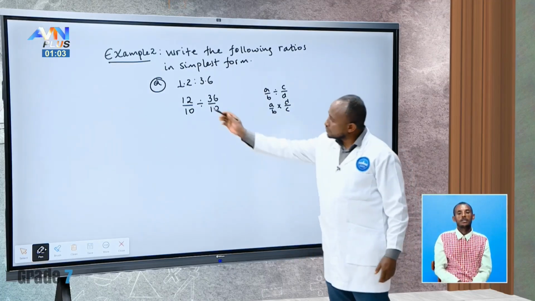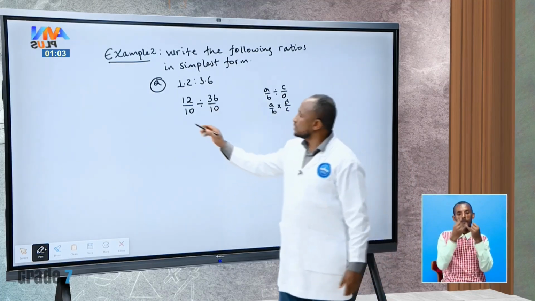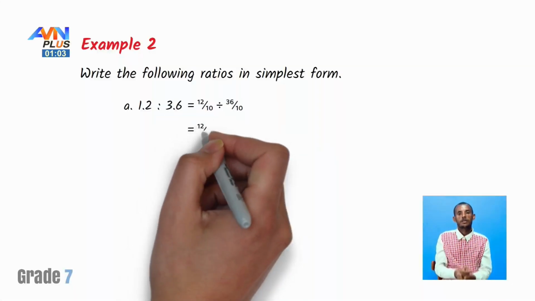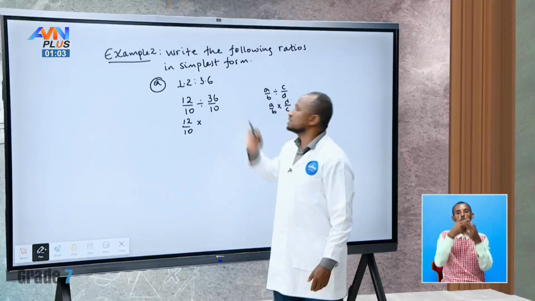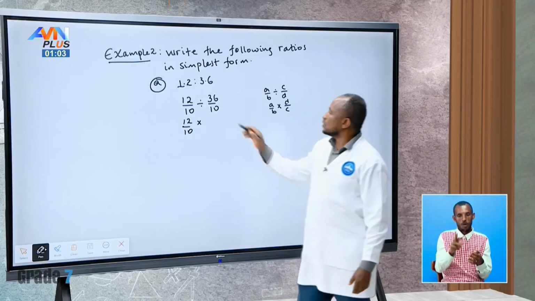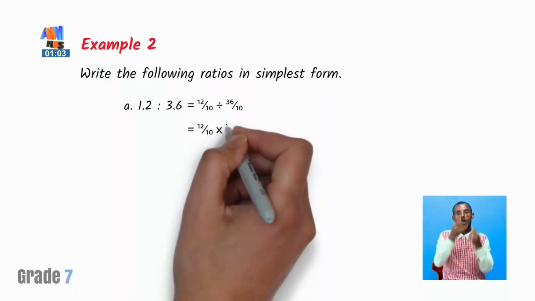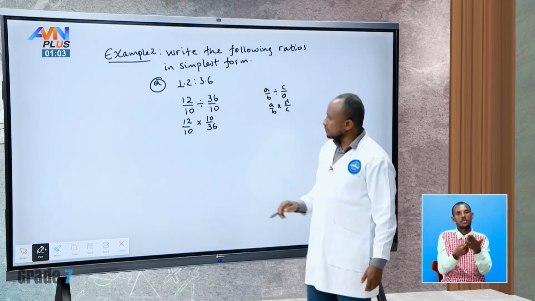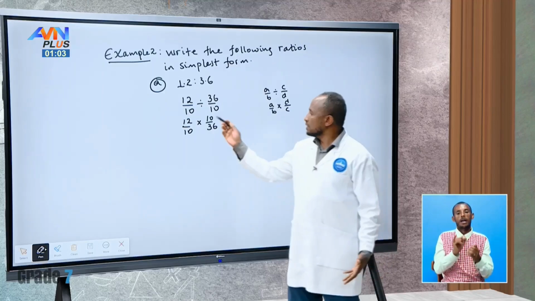Therefore, to divide this, write this as it is, change the division to multiplication and take the reciprocal of this one. So 36 over 10 becomes 10 over 36. After this, I can simplify these two.